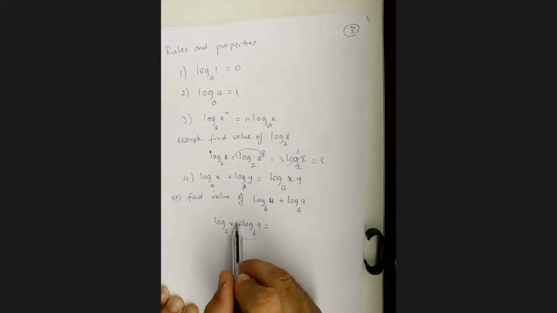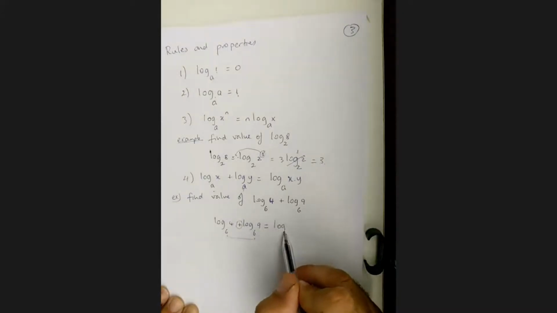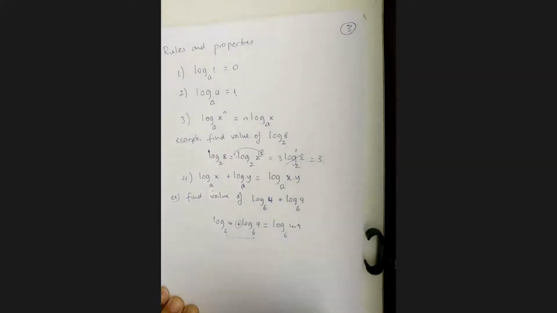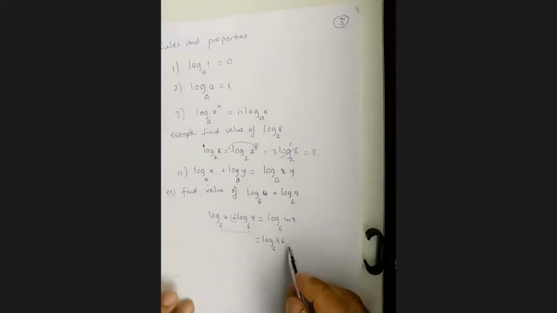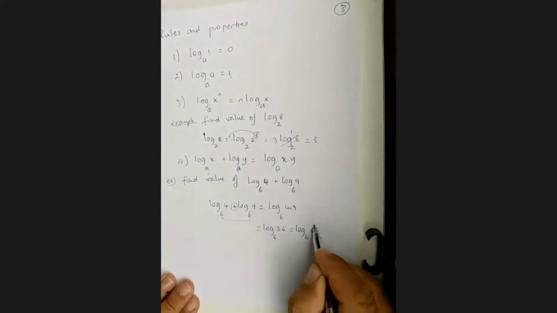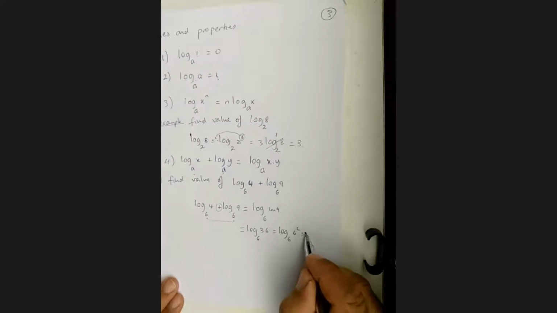And we have an addition sign there. So this is going to be equal to logarithm of 4 times 9 to base 6, which is equal to logarithm of 36 to base 6. Instead of 36, we can rewrite as 6 squared. Take that 2 there. 2 log 6 to base 6, which is 1, is equal to 2.